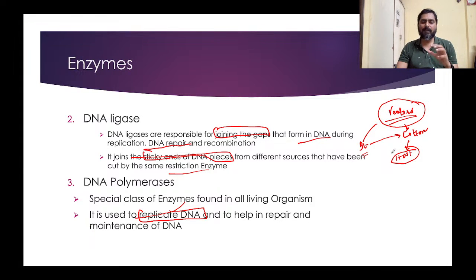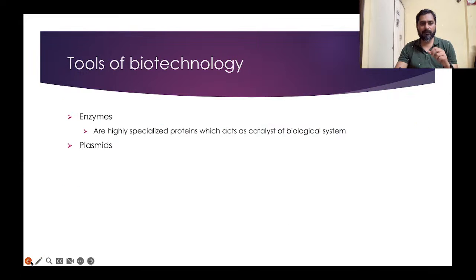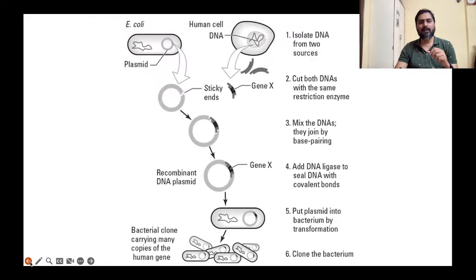When we combine all these tools, we can go for gene editing. One of the most famous methods of gene editing is known as recombinant DNA technology, also known as rDNA technology.